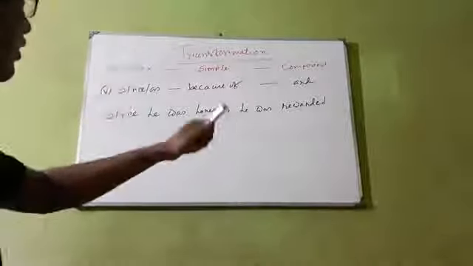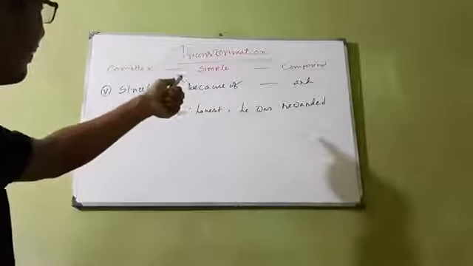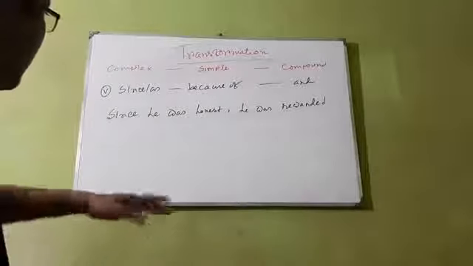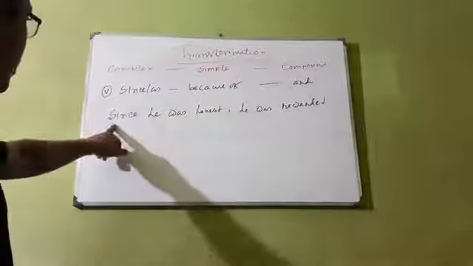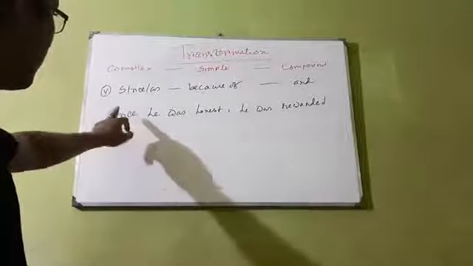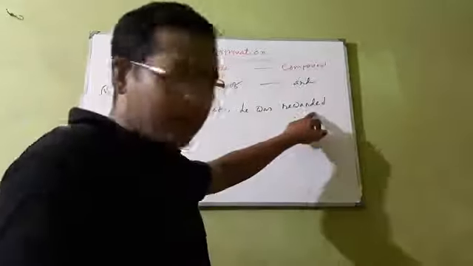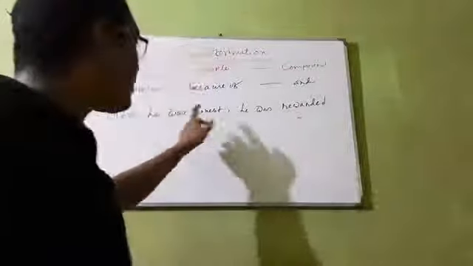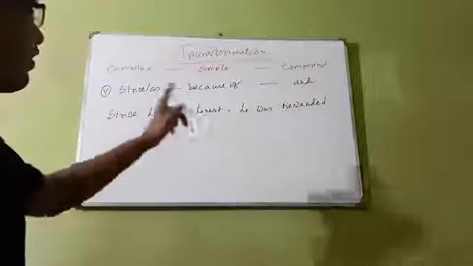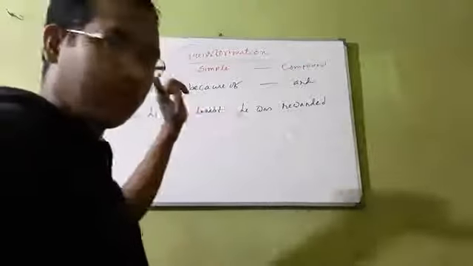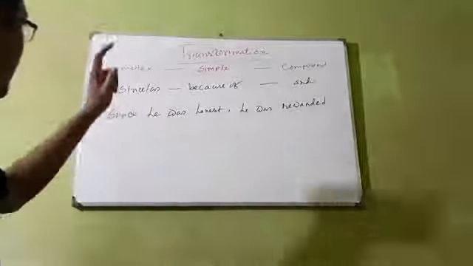Now if we are told to make it simple, we have to use because of. Read the sentence out. Since he was honest, he was rewarded. He was rewarded. Why? Because he was honest. There is a reason, and we know if there is a reason in a complex sentence, we have to use because of in place of since.